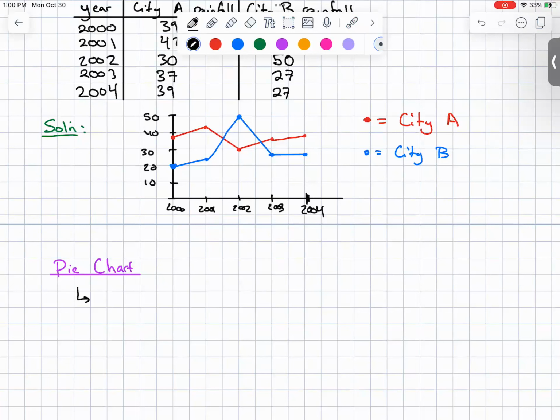So pie charts are typically used to show percentage differences between disjoint groups.